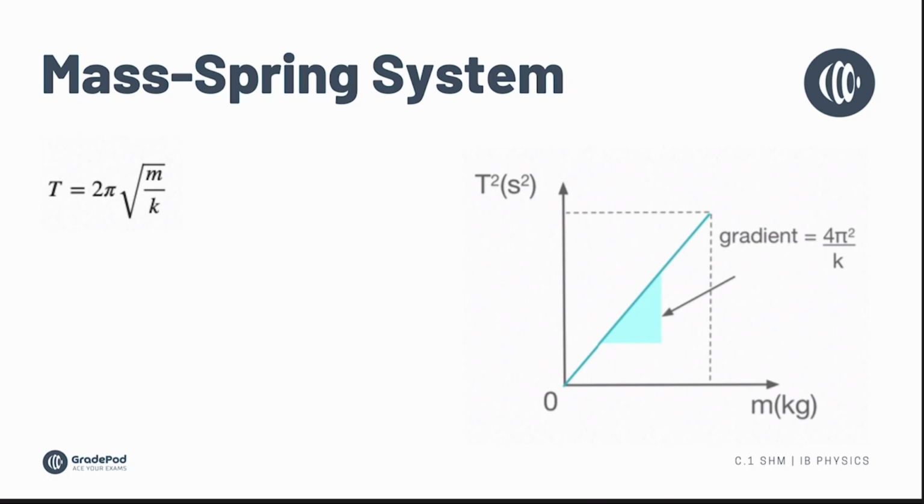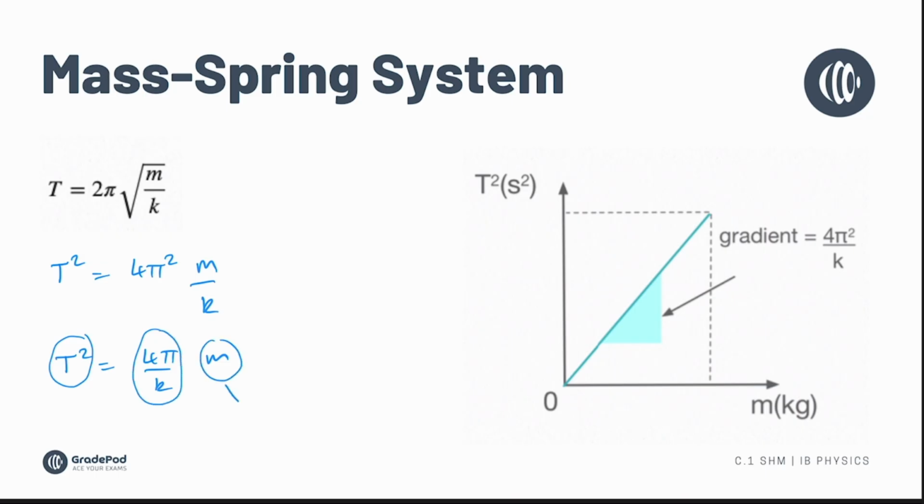T is equal to 2 pi, the square root of m over k. I'm going to square both sides. T squared is equal to 4 pi squared m over k. I'm going to rearrange it slightly. T squared is equal to 4 pi squared over k, times m. Okay, let's substitute out these.